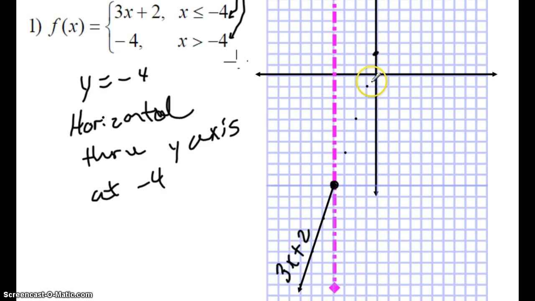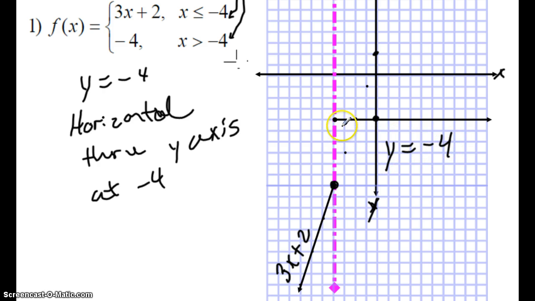So go to the y-axis and go right to -4 here on the y-axis. By the way, that's x and this is y. And we're now going to take a look at this little point right here, y equals -4, and we're going to draw a line right from here over to represent that idea of y equals -4 to the right of -4. So this here is going to be y equals -4.